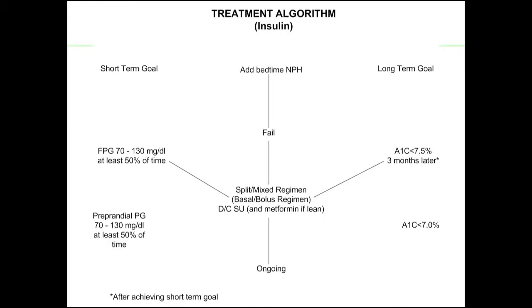And the reason is that the lifestyle change for a patient is considerable when you put them on insulin, and because at an A1C of 7.5 or less, there's not that much increase in the microvascular complications. We wait for that. If we get the fasting glucose down to less than 130, and 3 months later the A1C is still too high, then we would intensify the insulin again with 7.5% as our goal.